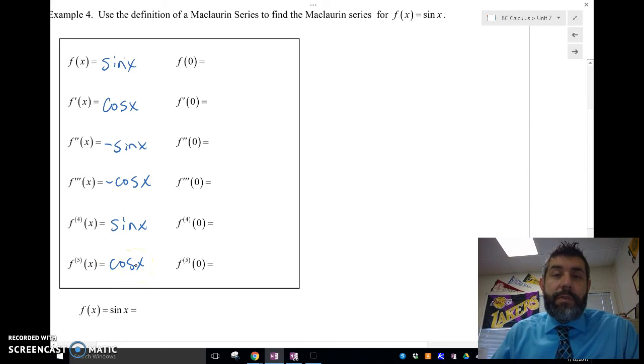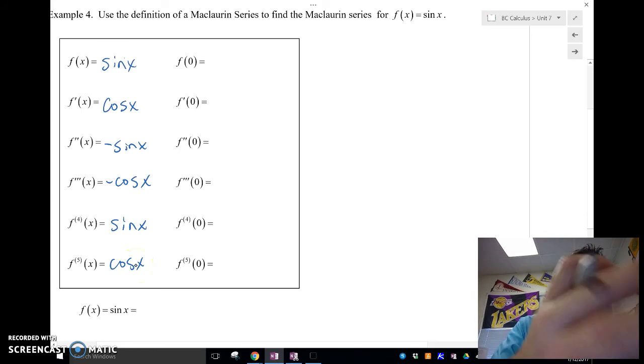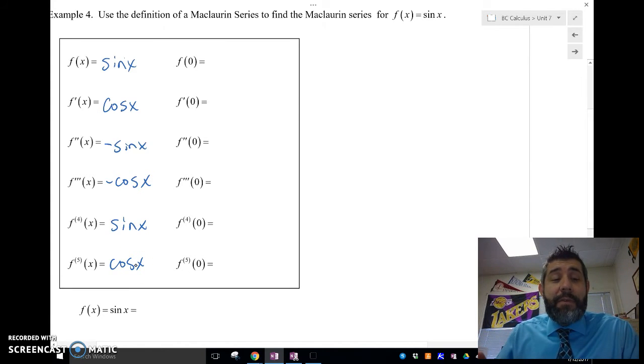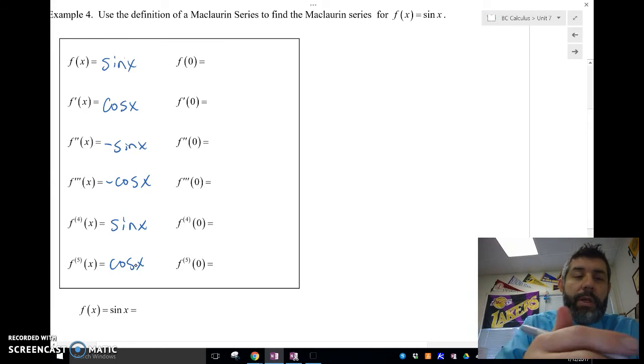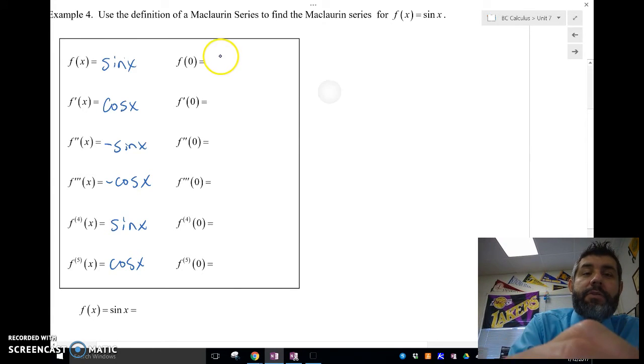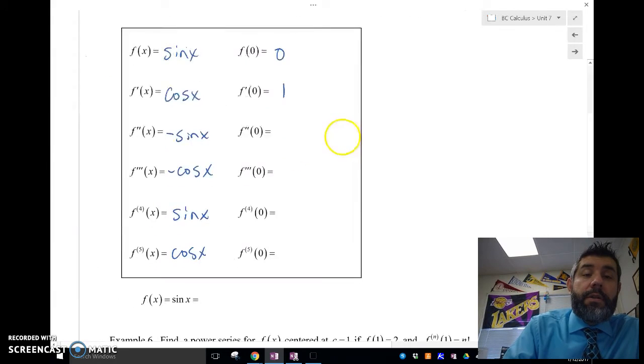So keep taking derivatives. Now we're doing a Maclaurin series, so we don't actually have to go out 5 terms or to the fifth degree, but we need to go as far as we can so that we can see what's going on.